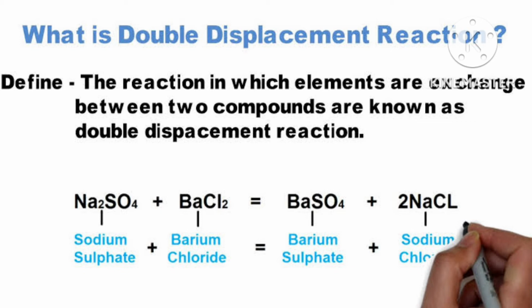Disproportionation reactions are a special type of redox reaction. In a disproportionation reaction, an element in one oxidation state is simultaneously oxidized and reduced. Because they have different oxidation states, they will oxidize and also reduce; both they can do.